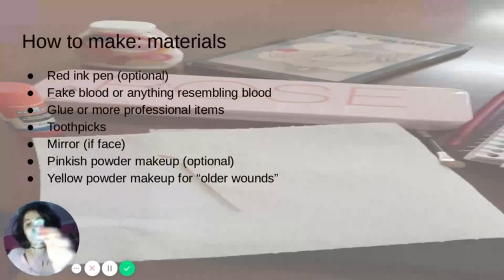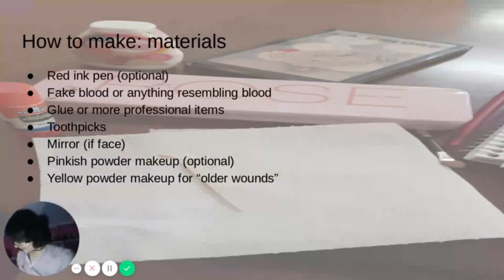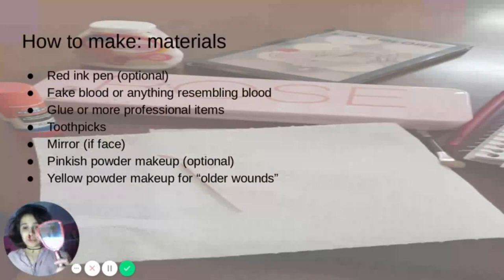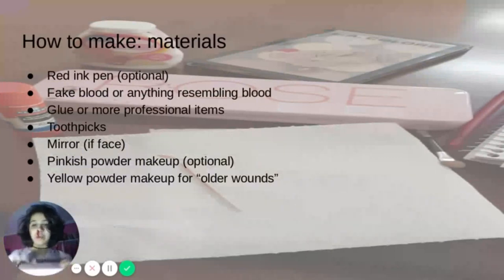You will need 2 toothpicks, one for glue and one for blood. A mirror if you are working with your face, and makeup powder, specifically a pink one or one that is more yellowish than your skin.